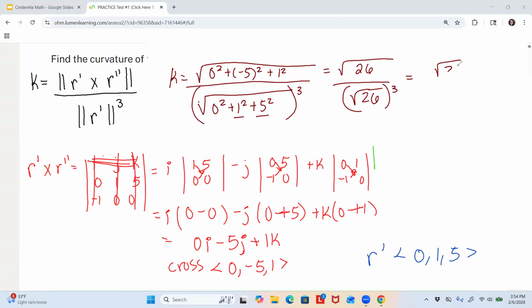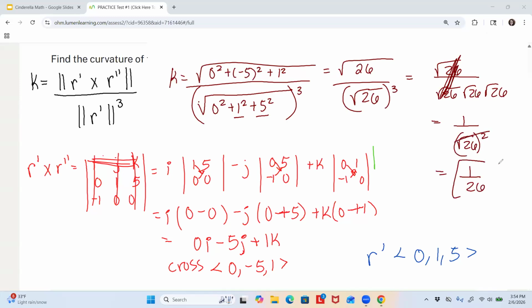So that's root 26 over, and then I just wrote this 3 times. There's other ways to do this, but you can see that one of these cancels. And we're left with 1 over root 26 squared, which will bust out, and 1 over 26. That is the curvature. They asked for it as a decimal, so that came out as 0.038. They said round to 2 places, so approximately 0.04.